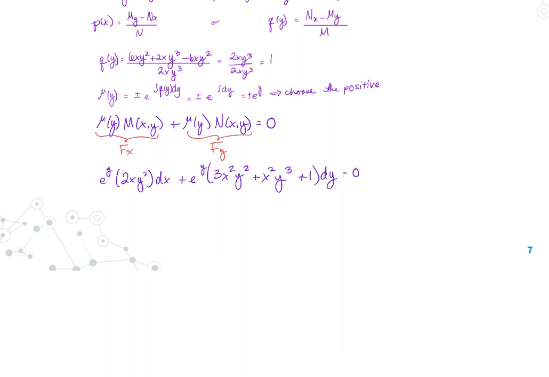So if I look at this, here is my new f sub x, and here's my new f sub y. If I have to do some partial integration, it sure looks like f sub x, the partial of f with respect to x, is going to be a lot quicker.